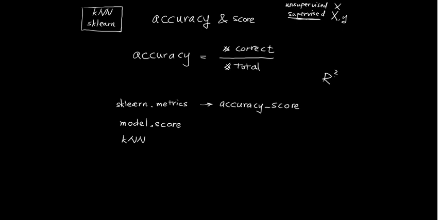Basically these two are exactly the same. For the kNN model, the default score is the accuracy score, because kNN is suitable for it, and for linear regression the default score is R squared, and others have different scores. So for this part you can use either way to get the score.